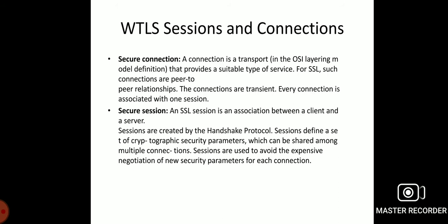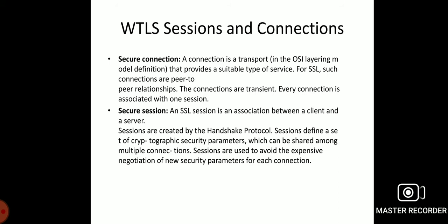The secure session is associated between the client and the server. The sessions are created by a handshake protocol, and a session is defined as cryptographic security parameters which can be shared among multiple connections. The sessions are used to avoid the expensive negotiation of new security parameters for each connection.